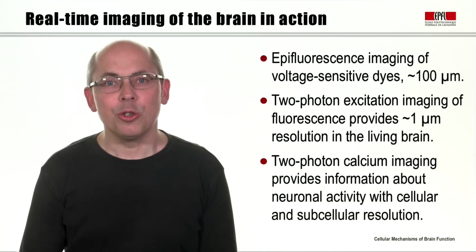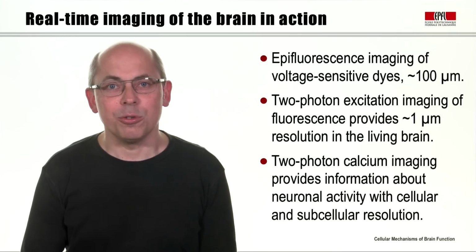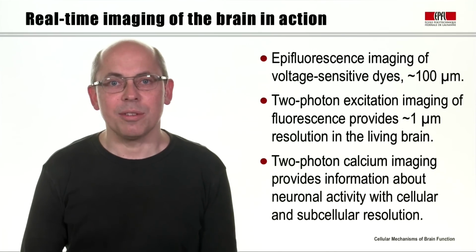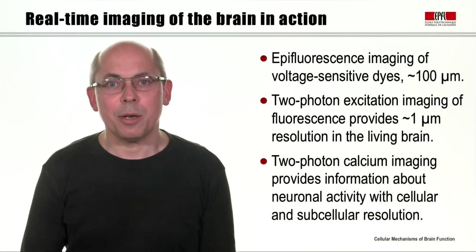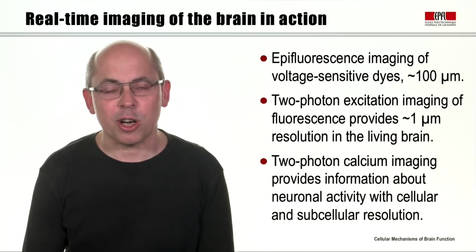We can also use two-photon microscopy, through these nonlinear optical techniques that give us optical sectioning deep in the brain, get rid of the scattering of the light and the out-of-focus fluorescence, and then we can image the structure of the brain with micrometer and submicrometer resolution.